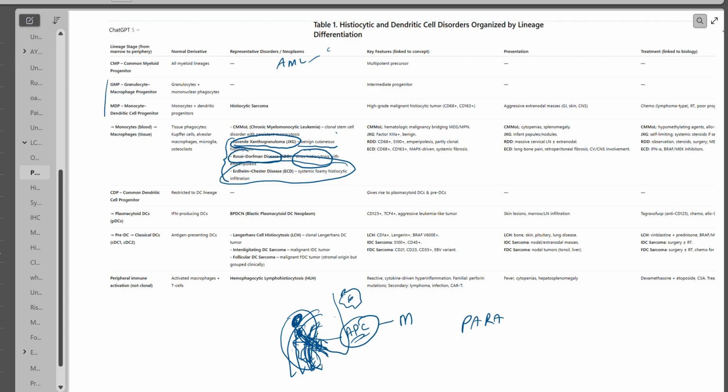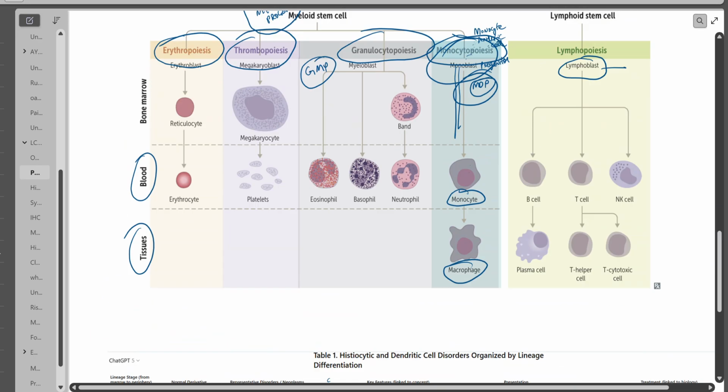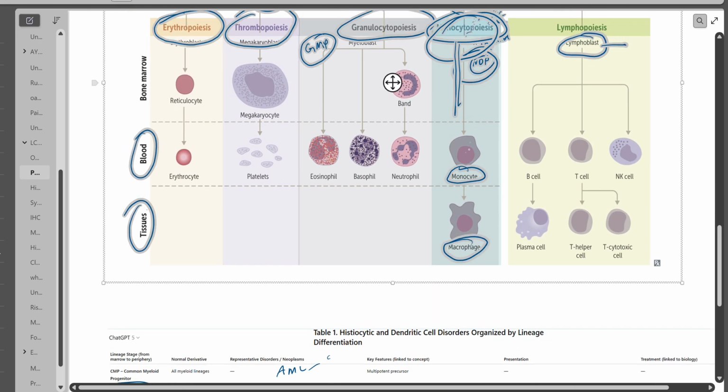Now come down. So we have the granulocyte macrophage progenitor, and the monocyte dendritic progenitor can be in the bone marrow, it can be in the skin, it could be anywhere. And then you have the common dendritic progenitor.